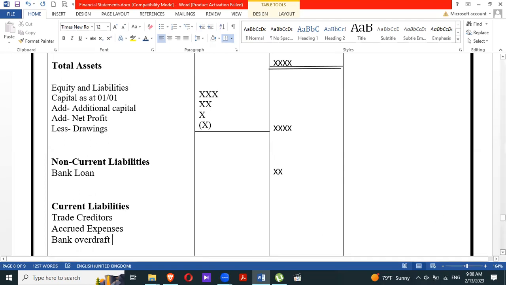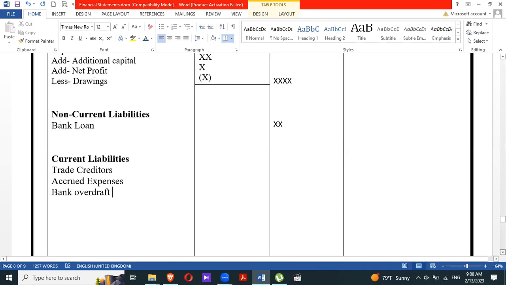These are the current liabilities that come under this level. Then here you can mention some figures like this, to represent the trade creditors, and another figure to mention bank overdraft.